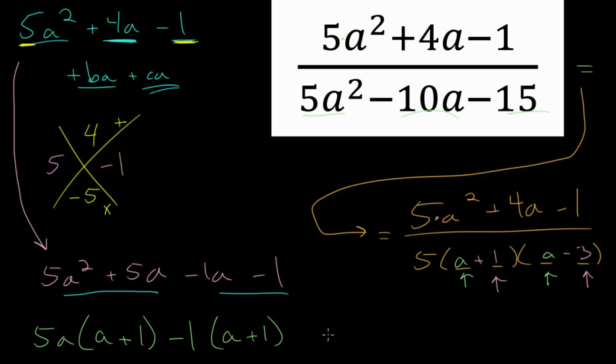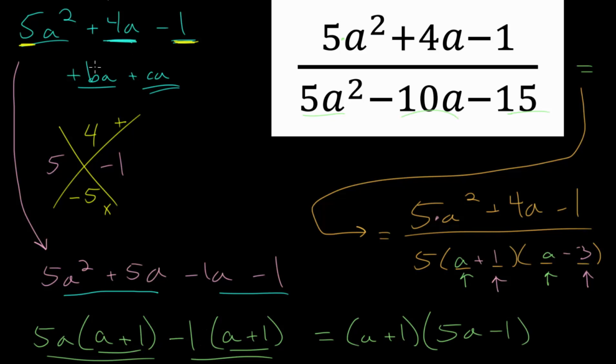And you can always tell that you're doing this correctly if you end up with the same expression in both of these terms. We ended up with a +1, and now we can factor out a +1 from each of these. And when we do that, we're left with 5a here and -1 here. So now we have fully factored this quadratic from the numerator.